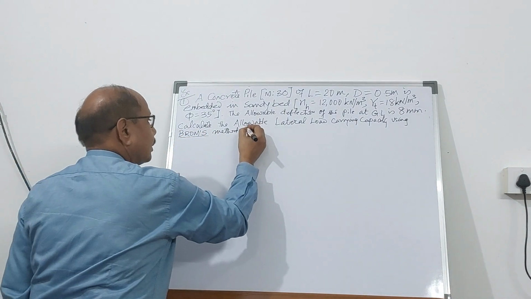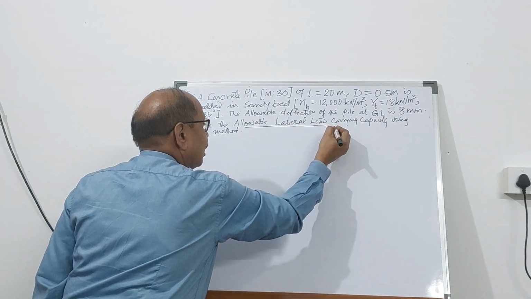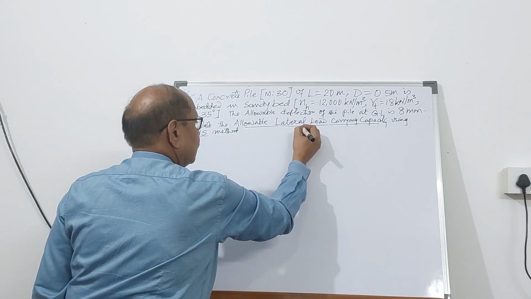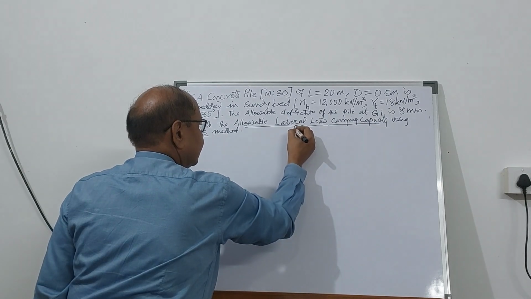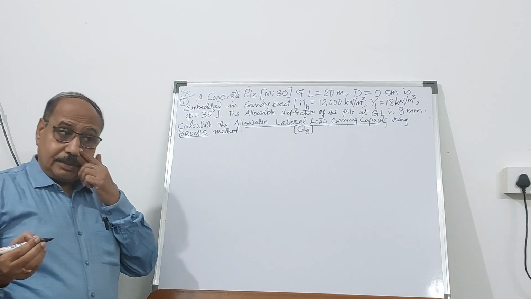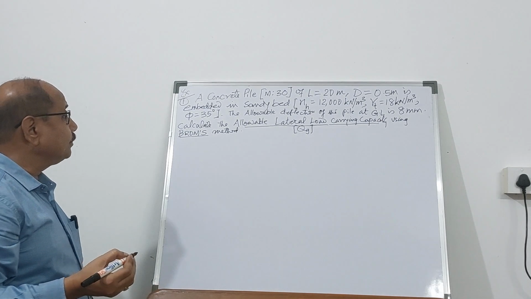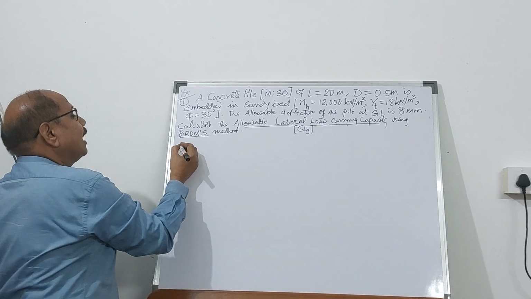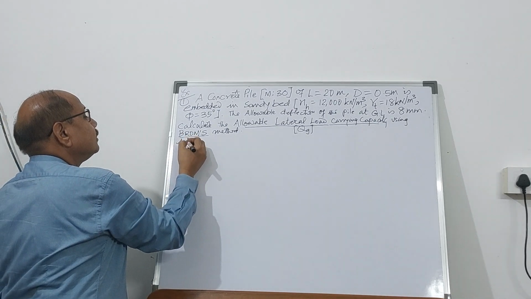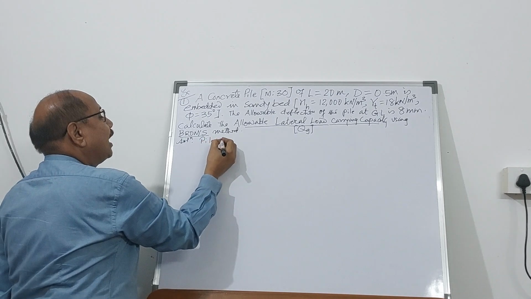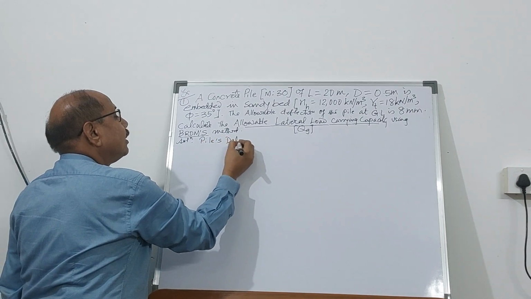So you will have to calculate the allowable lateral load carrying capacity, that is QG. This we have to find out. And the method to be used is going to be Brom's method. Depending upon the pile data, you can give the solution. Pile data.